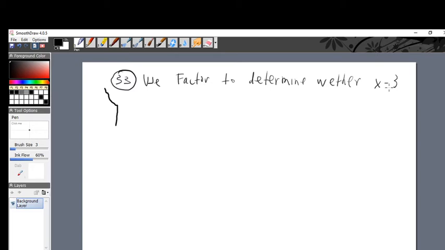Whether x minus 3 is a factor of the polynomial p of x equals x cubed minus 3x squared minus 4. Okay, now then Alex adds something like this. Specifically, here we go. Evaluate.